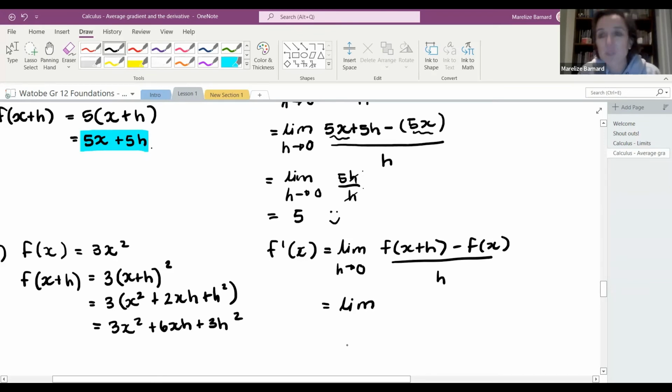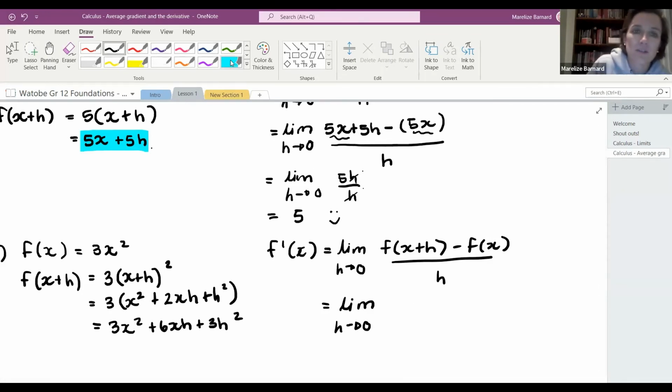So as I'm doing this, please check that you've done this correctly and that you've done all the steps accordingly. Dropping the limit as h tends to 0 before the end will get you penalized quite heavily at the end of the year. Okay, so don't do that. Just write the limit as h tends to 0 each time. Don't be lazy. Just write it each time.